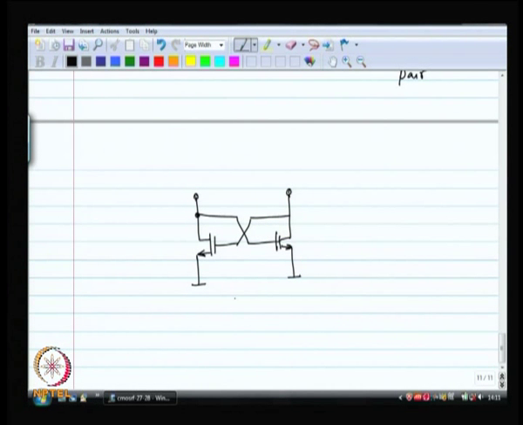Let us say that differentially I apply a signal of plus V by 2 on this particular node and minus V by 2 on the other node.